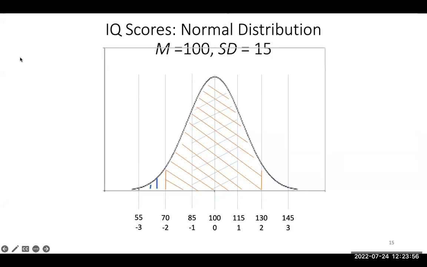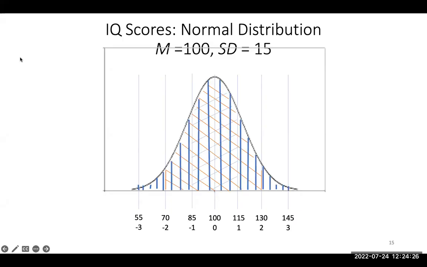Then we want to see what's the value of two standard deviations above the mean? Well, 115 plus 15 equals 130. Now, based on our 68, 95, 99 rule, we know that 95% of adults will have an IQ score between 70 and 130.